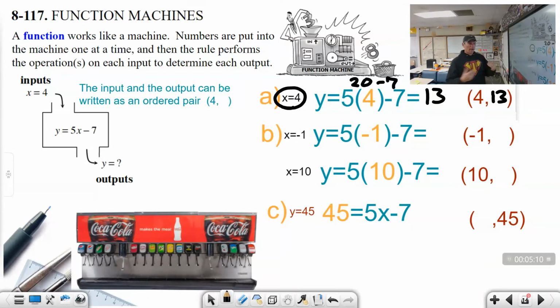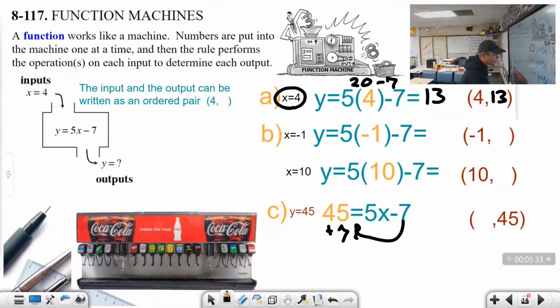Okay, now what if I knew the output? Can I work my way back to find the input? So if I put the 45 in the y position, okay, then I can go ahead and say, okay, I've got to find x. Let's see, I'm going to do a side-side flip, flipping this over here.